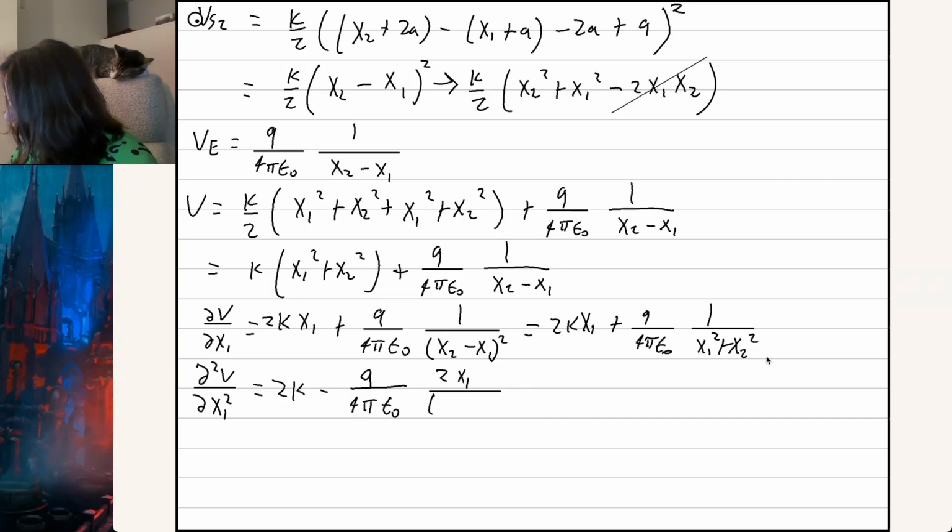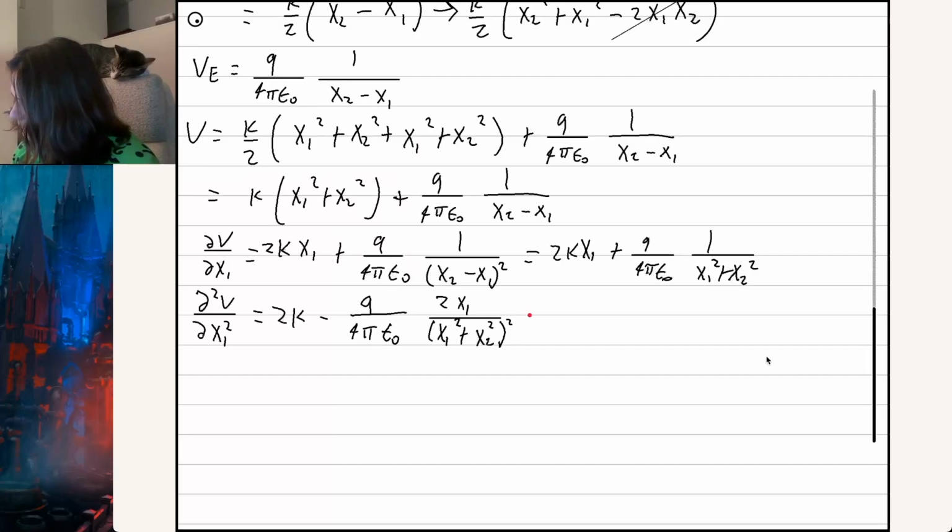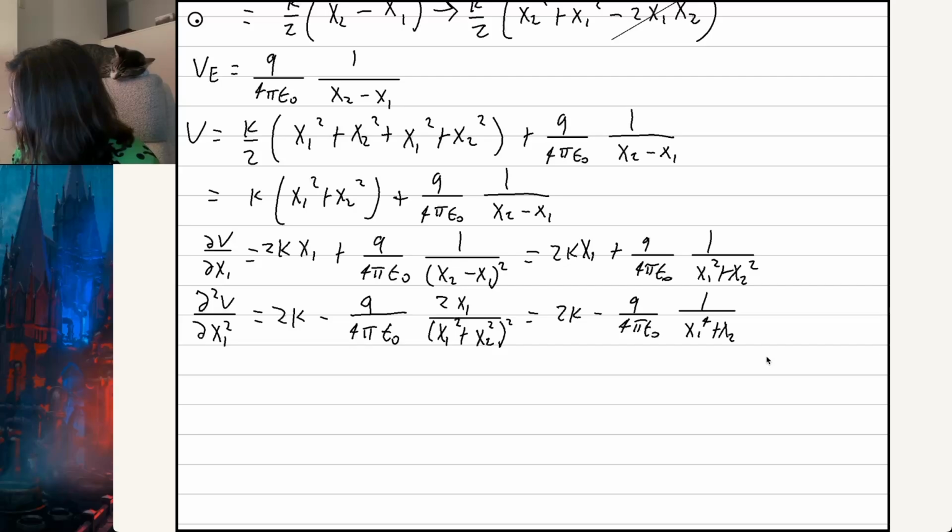On the bottom, it's (x1 squared plus x2 squared) squared, which we can do the same trick as before of expanding that and excluding the cross term. And we'll have 1 over x1 fourth plus x2 fourth. Right.